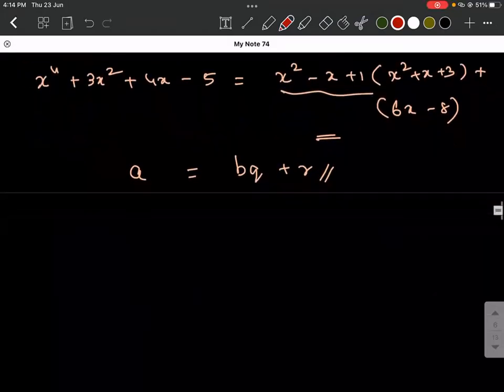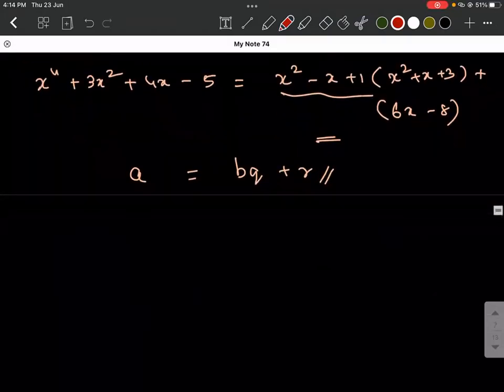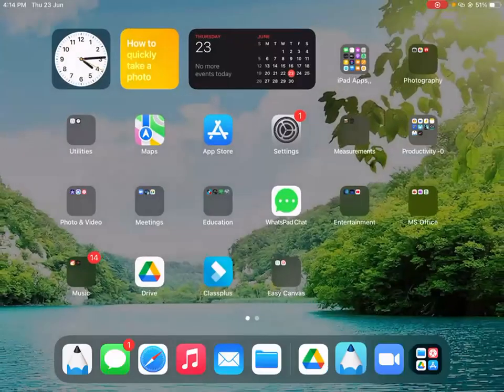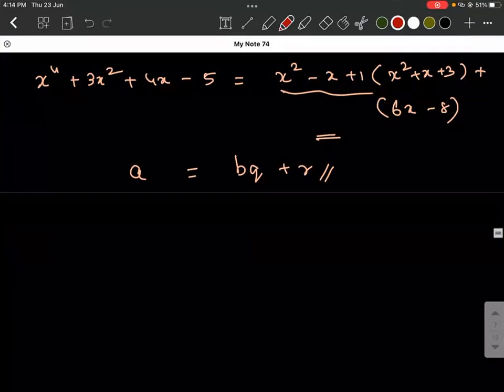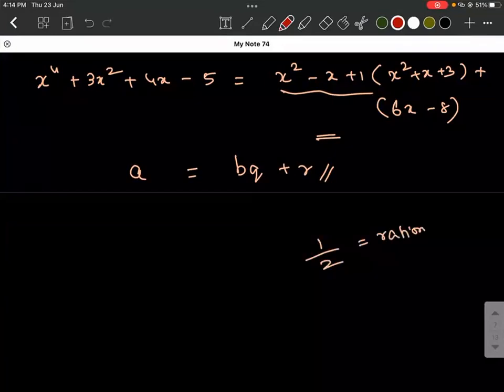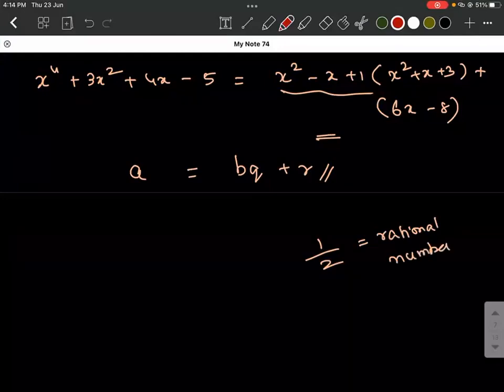So if you have a number like 1 divided by 2, what can I call this? I can call it a rational number, in the sense that the numerator and denominator are integers.